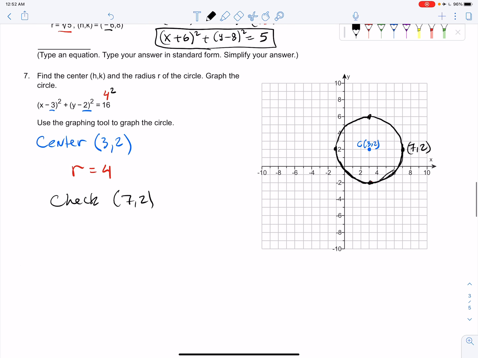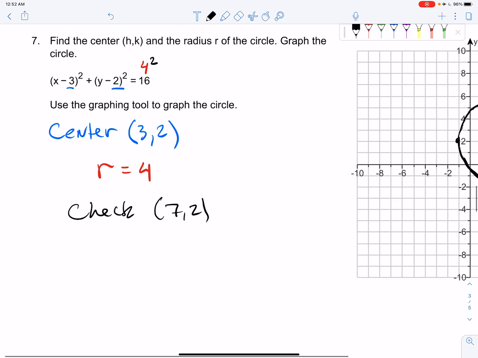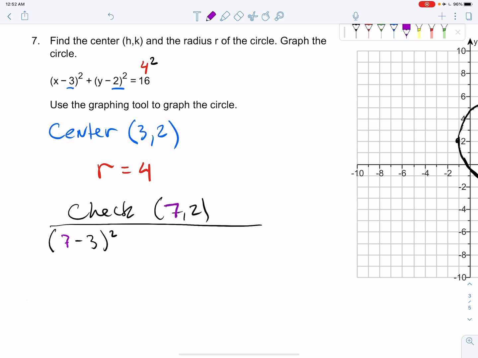And let's plug that back into the original problem. The original problem said x minus 3 squared. So x is, in this case, 7. And then plus y minus 2 squared equals 16. And what is y? Y is 2, so we plug 2 in there.